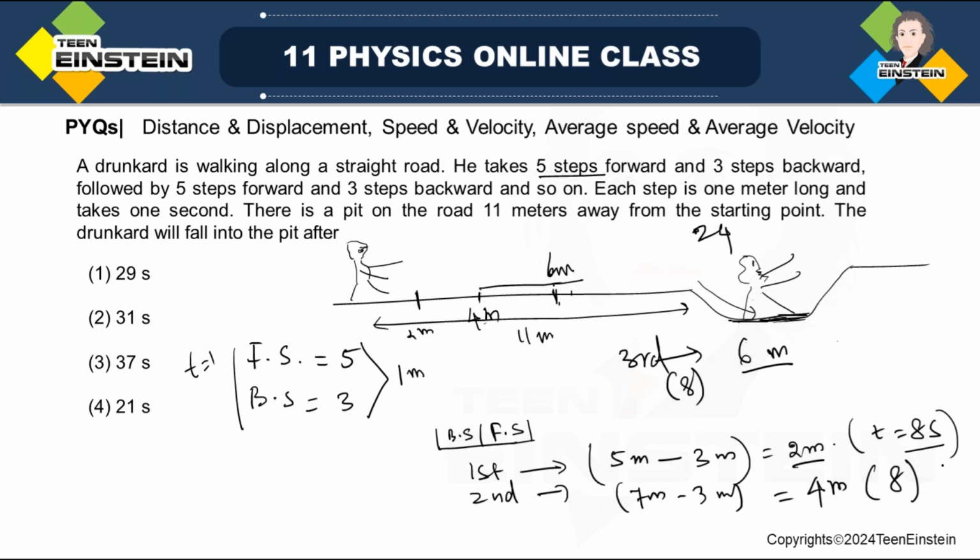How much time does each attempt take? The first attempt takes 8 seconds, the second 8, and the third, reaching 6 meters, also takes 8. So 3 into 8 plus one more forward step of 5, which is 29 seconds.